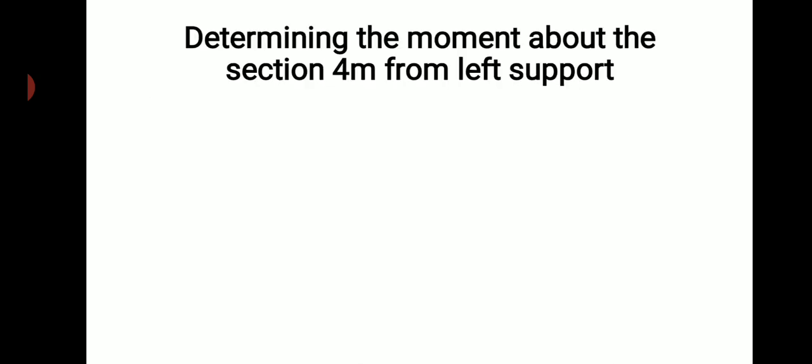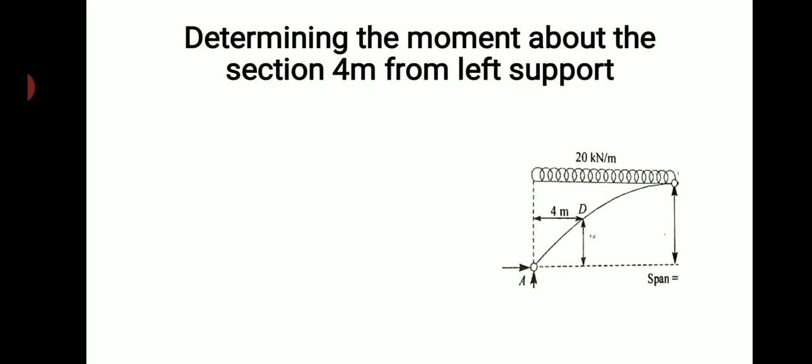Next, after finding the values of the support reactions, the second important step is that you need to determine the moment about the 4 meter span from the left side of the support. They have given the point D, which is 4 meters from the left support.